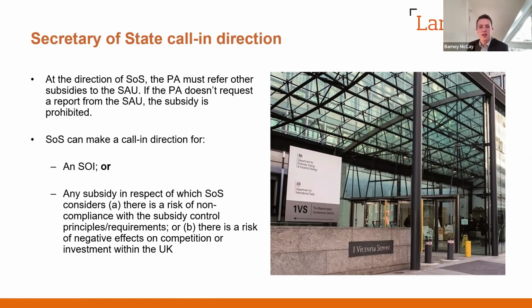The Secretary of State can do so in two circumstances. The first is if there's a subsidy of interest, and the second is if the Secretary of State considers that there's a risk that the proposed subsidy would fail to comply with the subsidy control requirements or could negatively affect competition or investment in the United Kingdom. So those are the three pre-award referral routes.